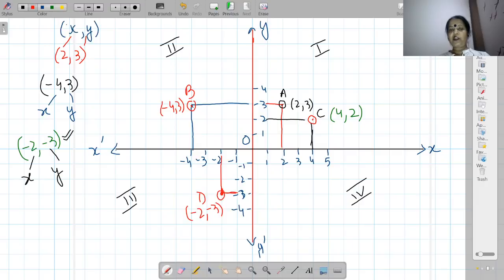Can you tell me in which quadrant -2 and -3 lies? You will observe this lies in the third quadrant. Okay, like this we can plot the values.